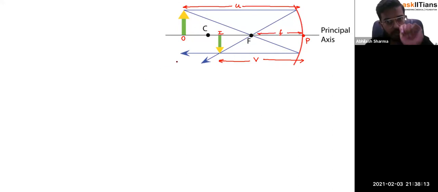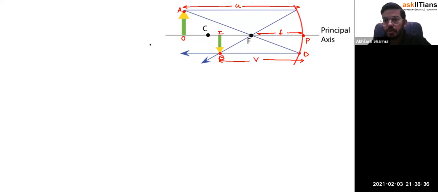Let's look at few triangles here. I may name this point as A and this point as B. This point as D. So let's begin.